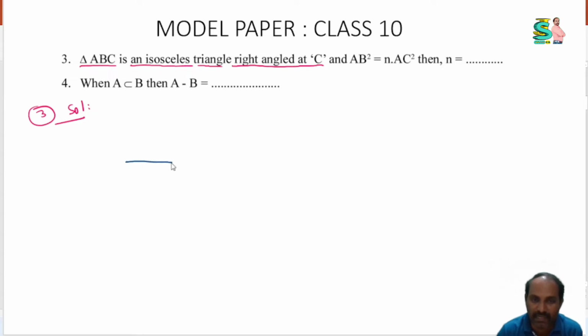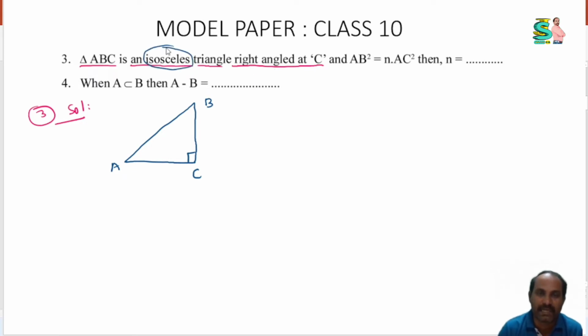So first we will draw the diagram. Right angle at C, that's why C is there, and then A, B. What is given here? Isosceles triangle.